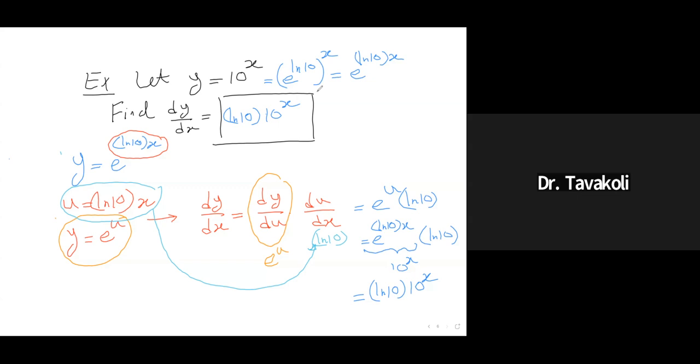If instead of 10, there was some other positive base, in the answer, instead of 10, you would have that positive number. I just replace those 10s with any other given base. So from here, I can come up with the general formula for anything of the form b to the power of x.